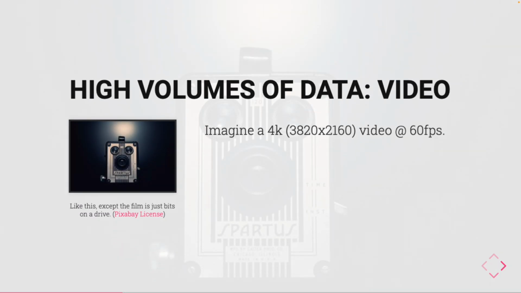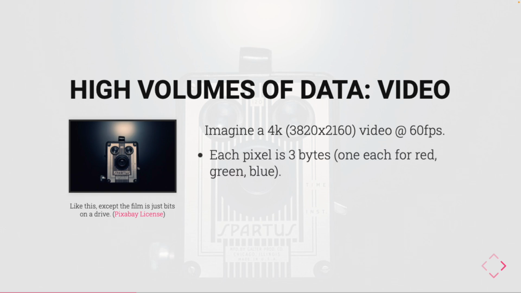So as an example, consider naively implementing some sort of video storage scheme. You have a 4K video, it's 60 FPS, and you want to share it. Each pixel in each frame is 3 bytes, one each for red, green, and blue.